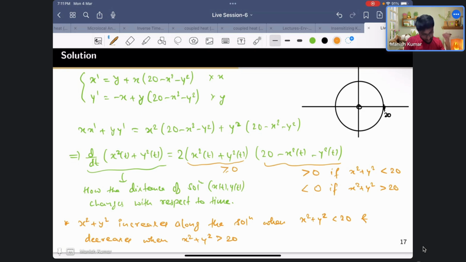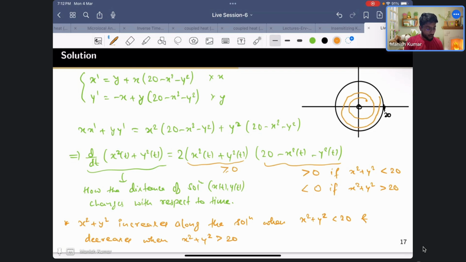So if your x square plus y square is less than 20, that means suppose your solution is inside this circle, then it says that this x square plus y square will increase, the distance will increase. So suppose this is here, the distance x square plus y square will keep on increasing.